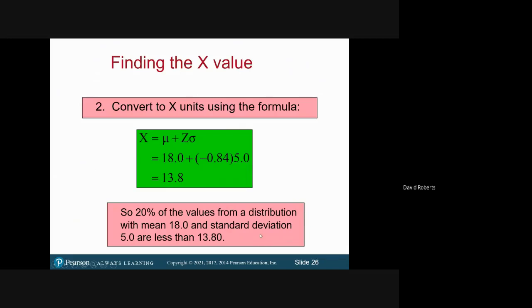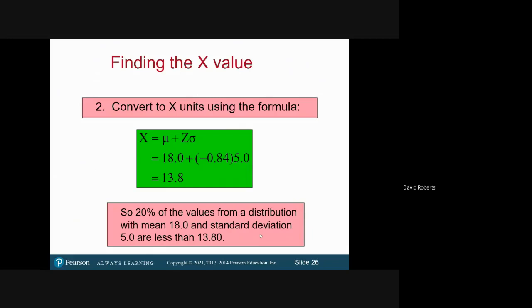So 20% of the values with a mean of 18 and a standard deviation of 5 are less than 13.8. So 20% of the time, the amount of time in seconds will be less than 13.8.